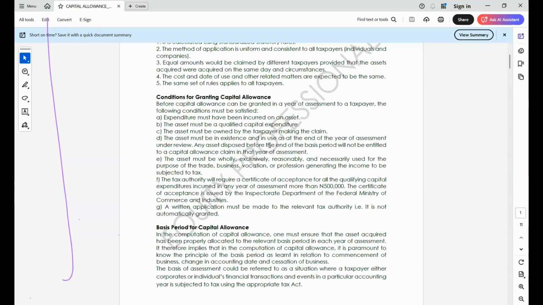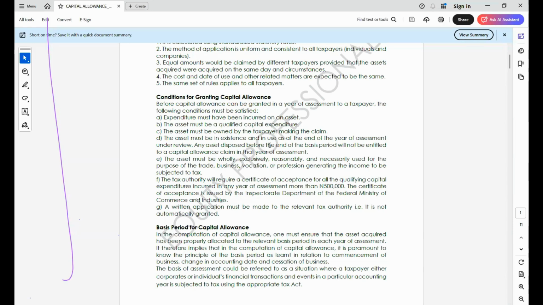In any year that a taxpayer disposes of its qualifying capital expenditure, that asset will not qualify for capital allowance, because it is expected that you did not make use of that asset in that year. So you are not going to be entitled to any capital allowance claim. The asset must be available throughout the entire useful life, up to the end of the basis period.